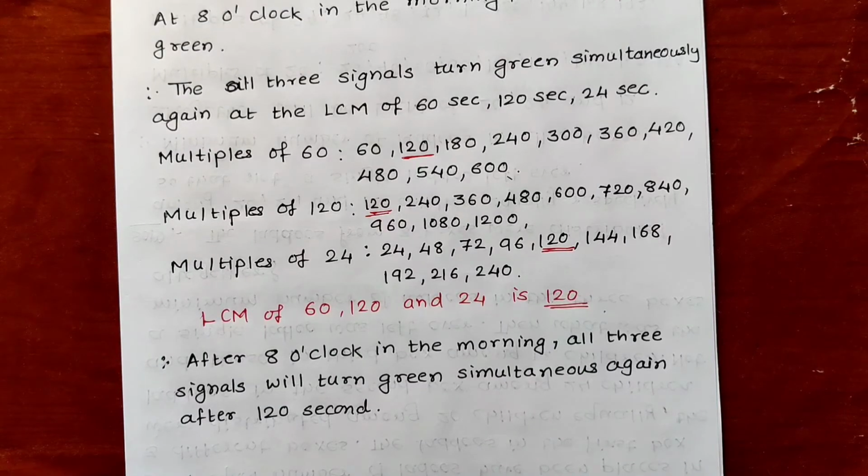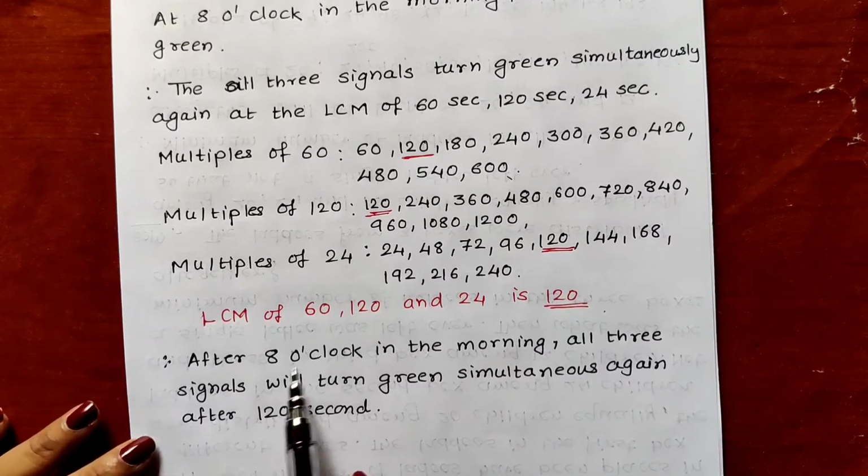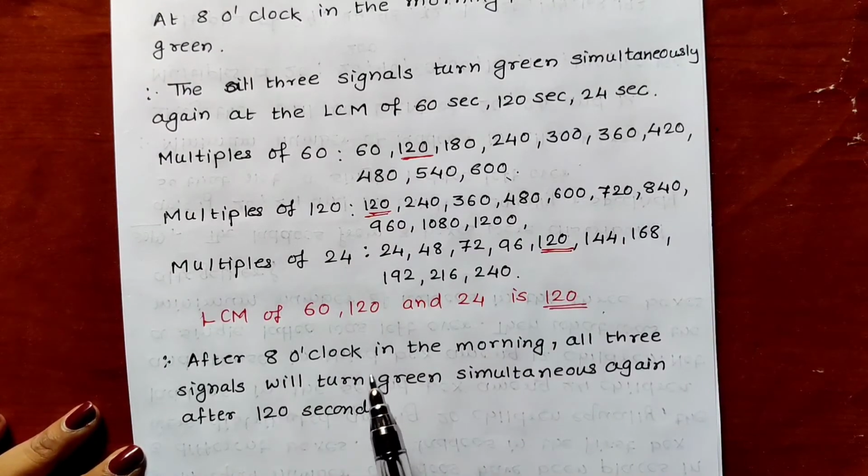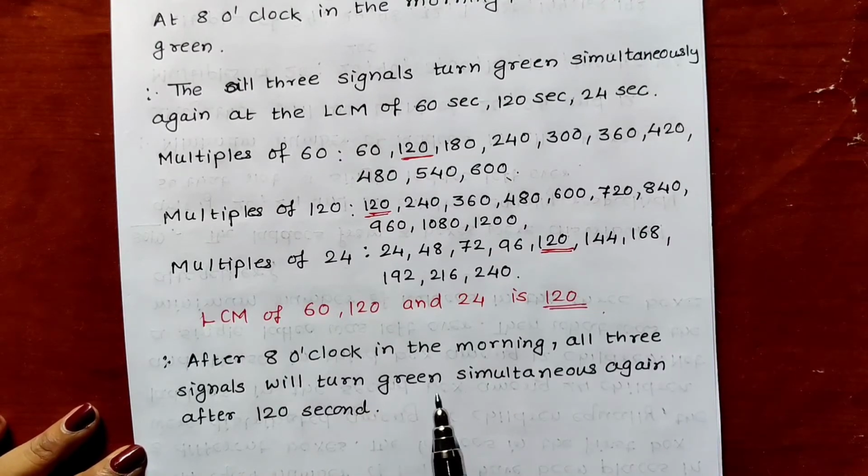That means when at 8 o'clock the signal turns green, next time the signal will turn green at 8:02. Okay, so in this way we can find out the answer.